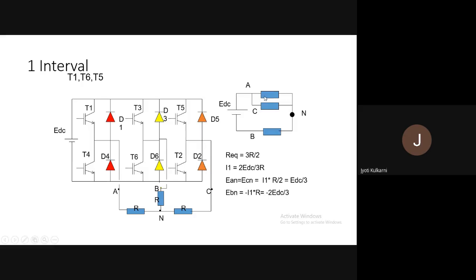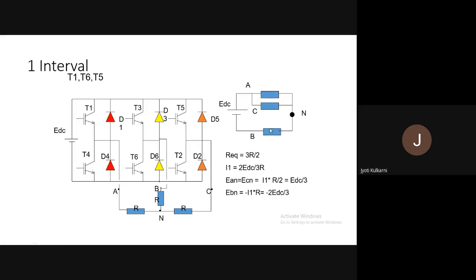Okay. So now which voltage is the voltage across each load? The phase voltage coming across A branch is called VAN. A branch will have the voltage VAN, C branch will have the voltage VCN, and B branch will have the voltage VBN.